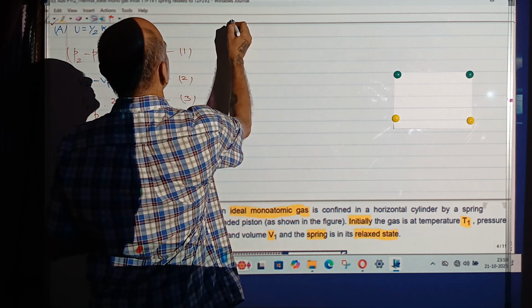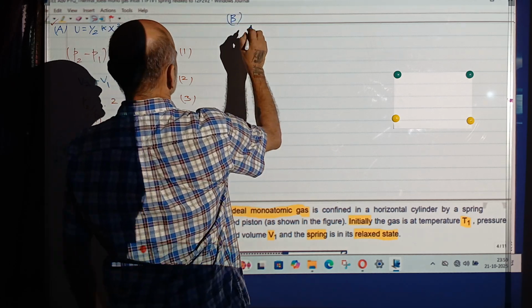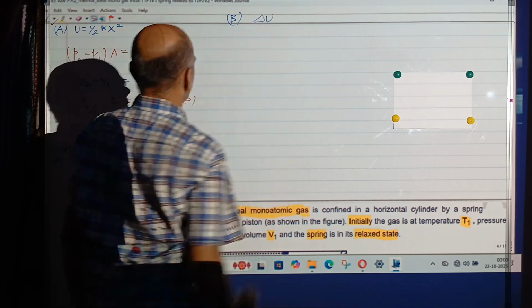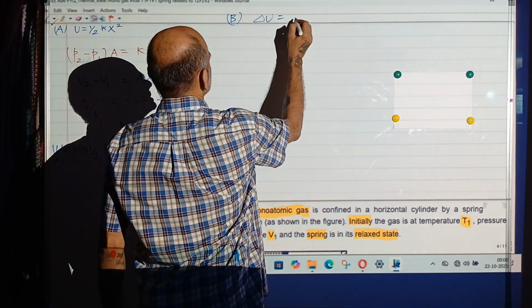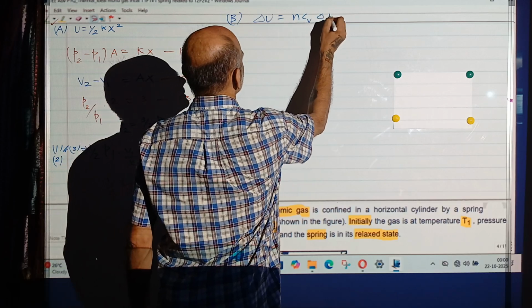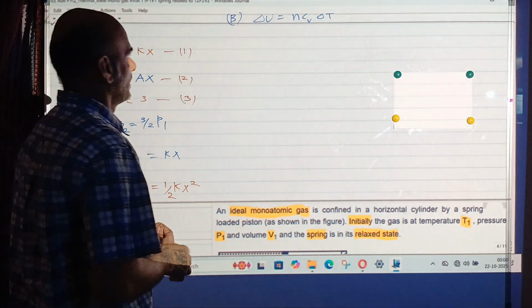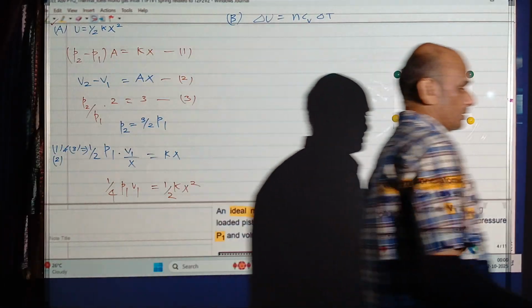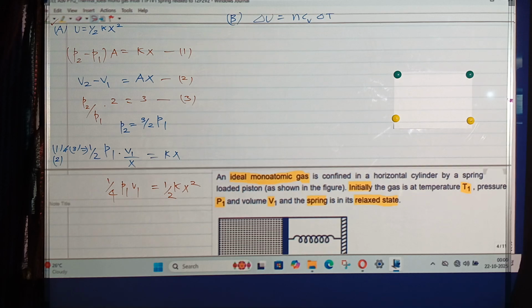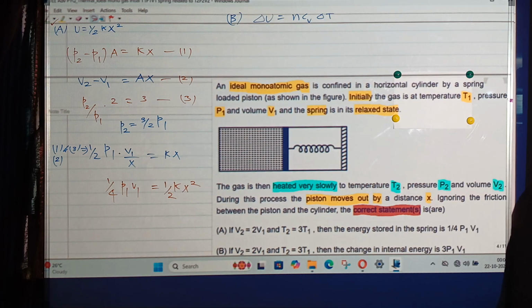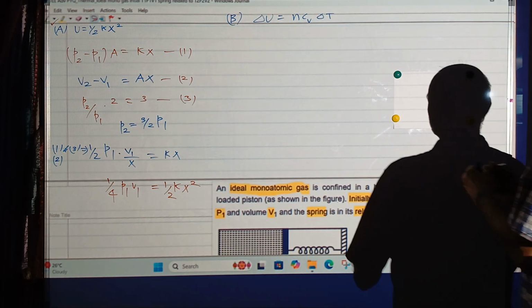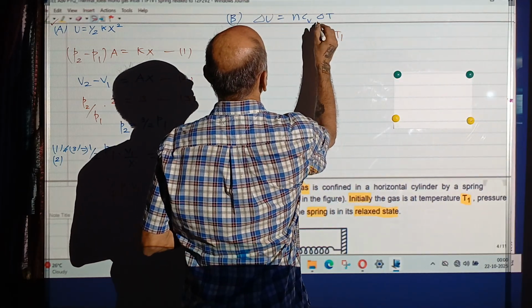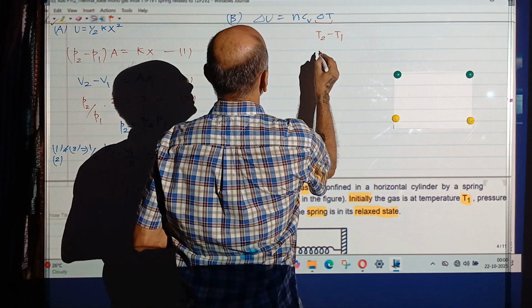The pressure ratio change and volume ratio change are the same as the ones in option A. Change in internal energy is CV delta T, and the temperature ratio is 3, same as option A. Delta T is T2 minus T1, and this is 3T1 minus T1, so this becomes 2T1.